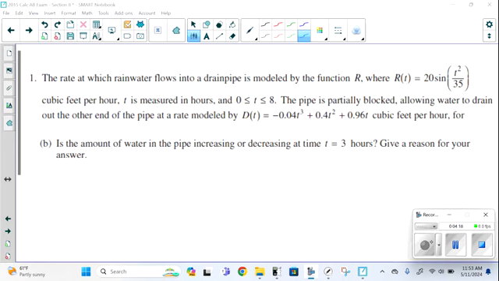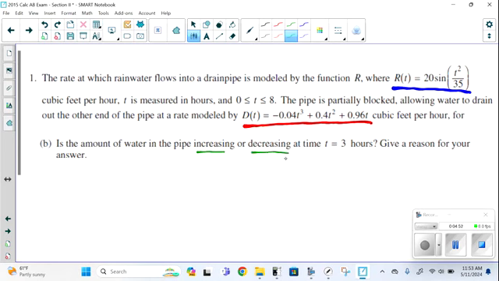1B. Is the amount of water in the pipe increasing or decreasing at time t equals 3 hours? Give a reason for your answer. Well, we know that the water going in is at this rate, r of t, and the water draining out is d of t. Those are already rates. So when it asks us if it's increasing or decreasing, it's asking us if the amount, my cubic feet, is increasing or decreasing.